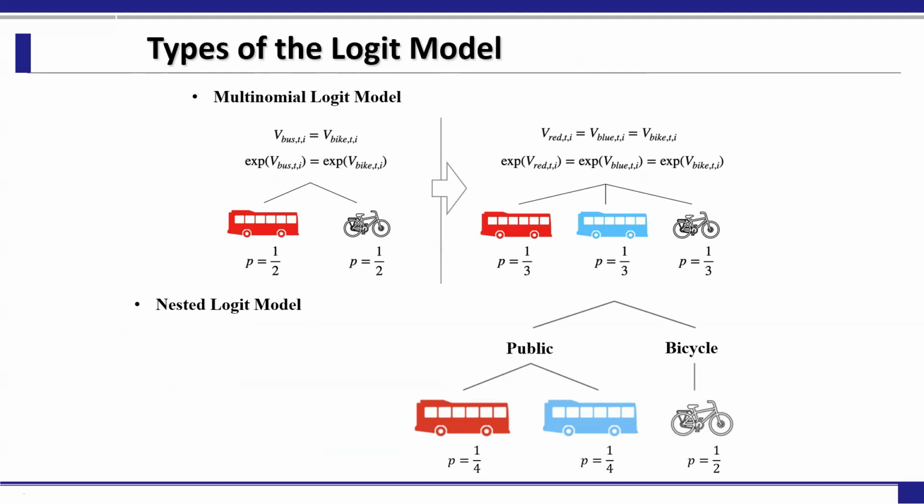Then one day a new bus with blue color is introduced in your city, but with the same route, same price, and same travel time. So how does the probability of mode choice change?